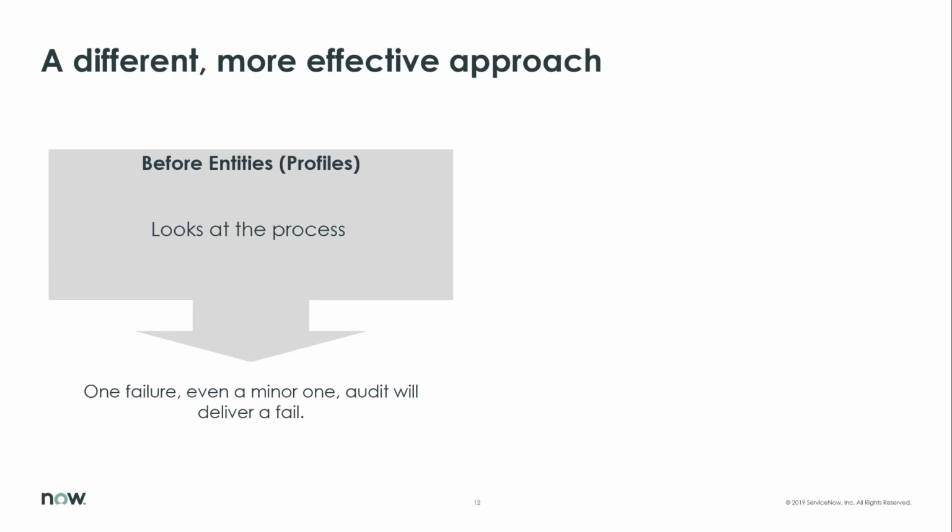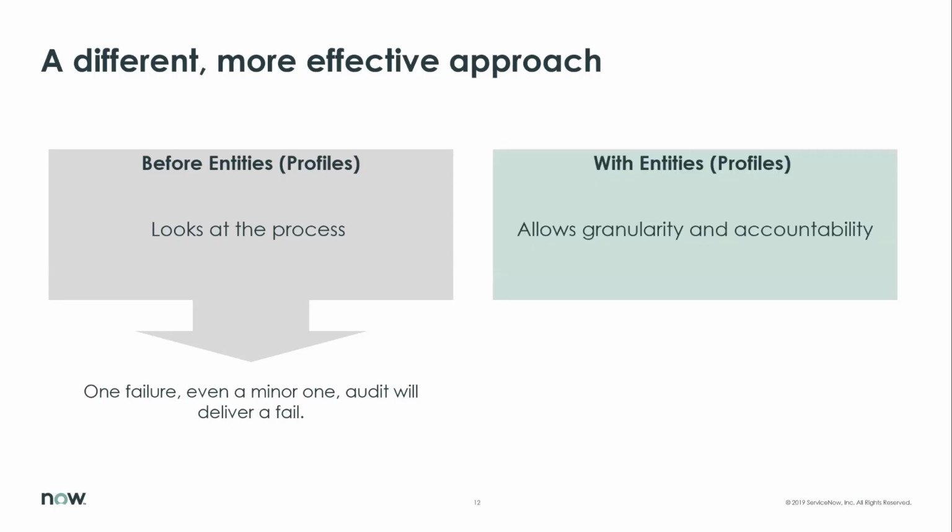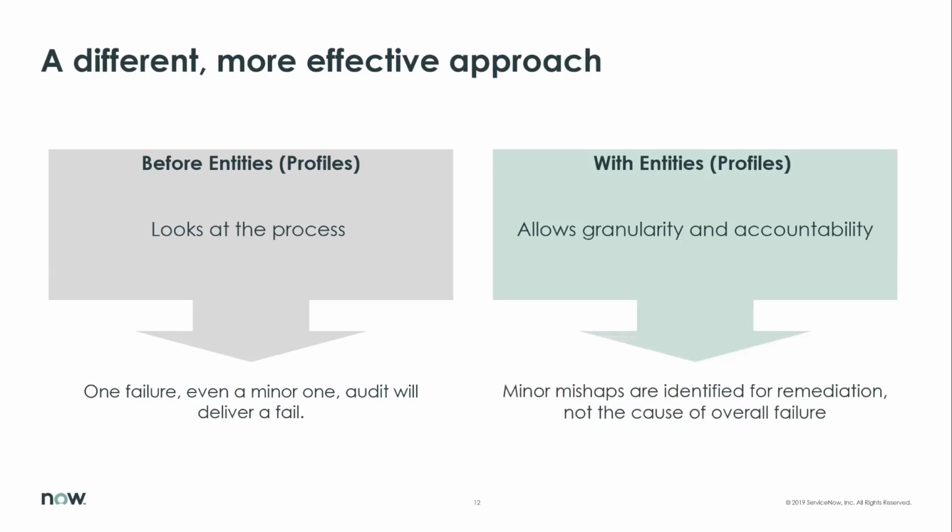So ServiceNow is going to turn this on its side. Before entities, before profiles, it was process centric. With entities, it allows us to have an asset-centric view of governance, risk, and compliance. We can focus in on individual areas. We can measure a critical financial system versus a non-critical financial system. We can measure a geo or a region against another. We can manage the individual control activities at a specific location and manage them appropriately.